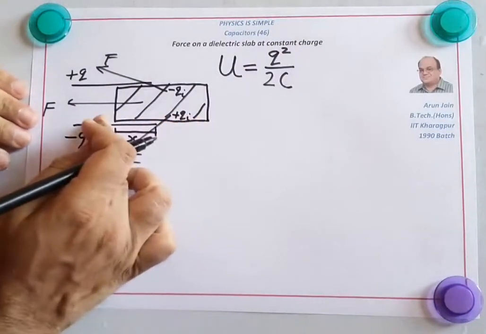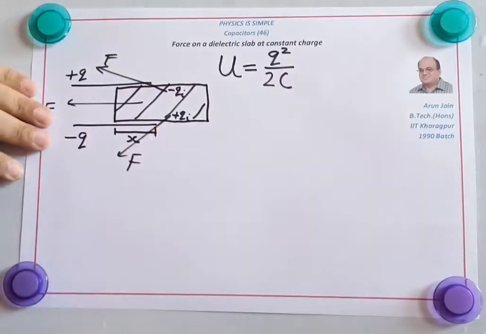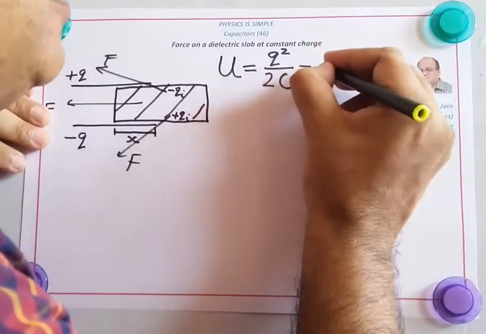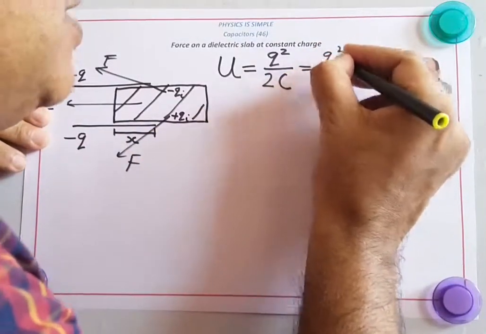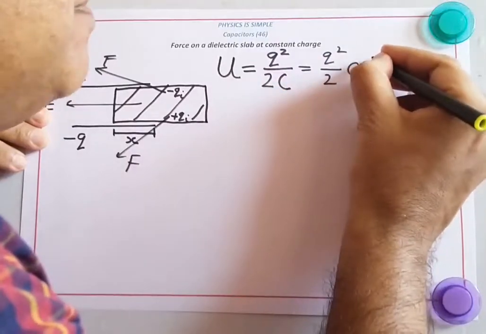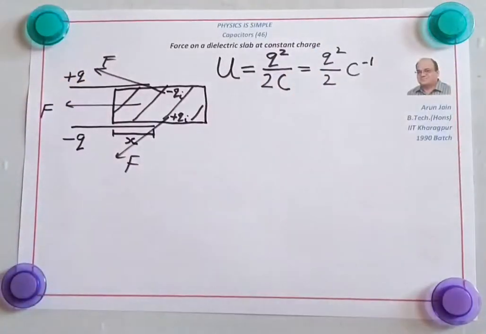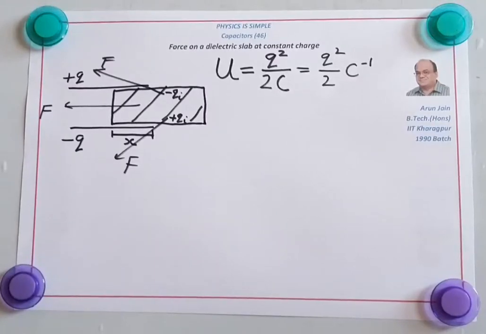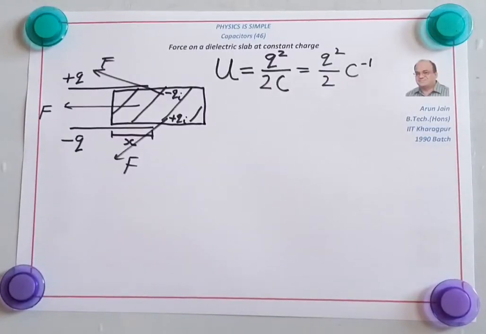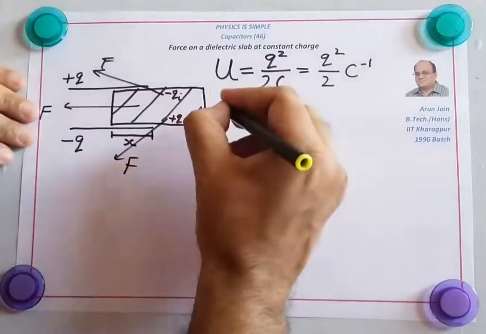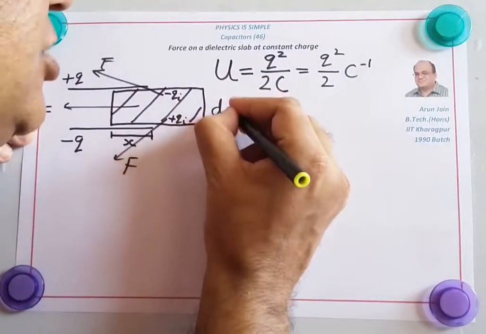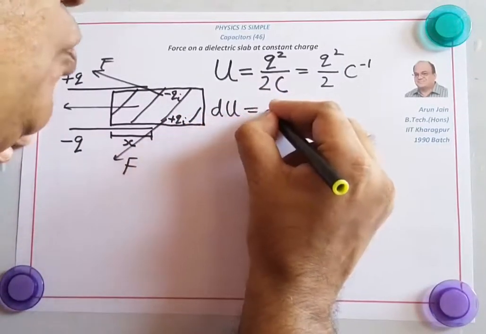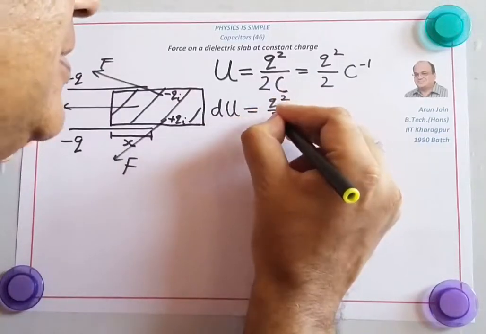As this dielectric enters, capacitance will change. So let's write this as Q square by 2 C to the power minus 1. So as this dielectric enters, capacitance will change. So the change in potential energy will be Q square by 2.